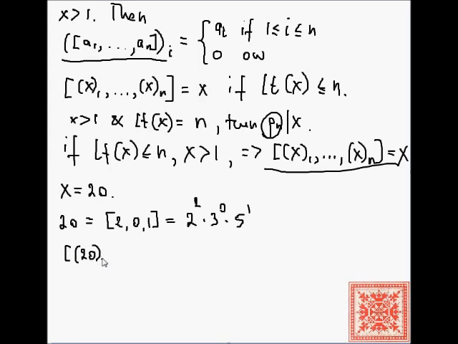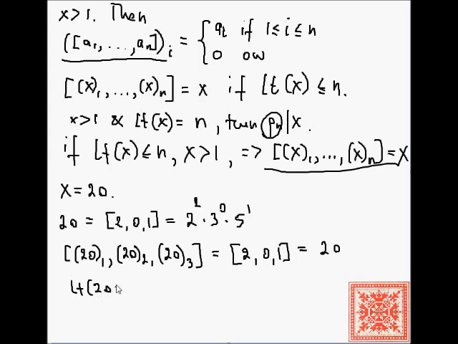The first component of 20 is 2, the second is 0, and the third is 1. If we access those components and put them back into the Gödel number, we're going to get back the original natural number x. And 3 in this case is the length of 20.